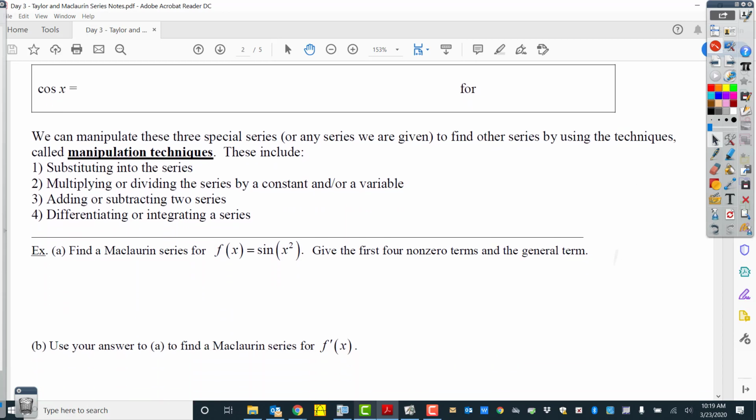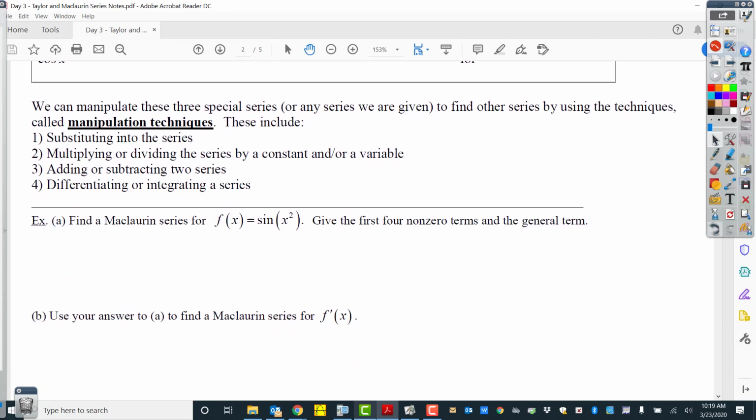Now with these series, we can actually manipulate them to be different things. We're going to look a lot more in depth at manipulation of series tomorrow or in the next video, but for example, for this one right here, we have sine of x squared. Well, we just found sine of x. This x squared is just being plugged in there.